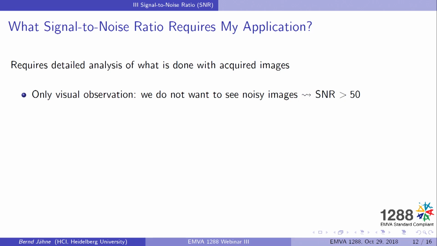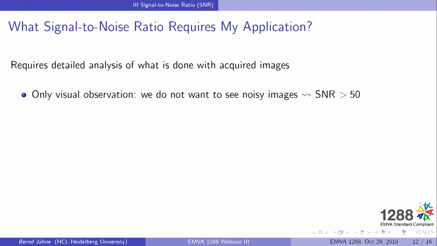So, and now we come to the final thing about the signal to noise ratio. Because this is now placed with these other parameters which are determined by the optics.